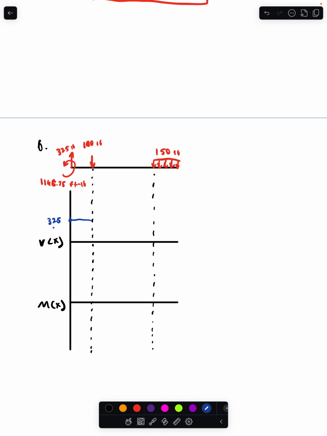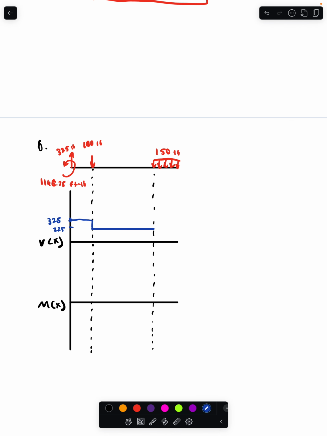So we start off at positive 325, then we hit a negative, so we're going to go down 100, so we're going to be at 225. And then we don't have anything in here, so we're going to be flat again. And then we hit this distributed load, so remember, we're going to be doing the integral of that.